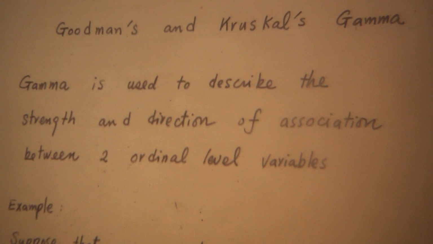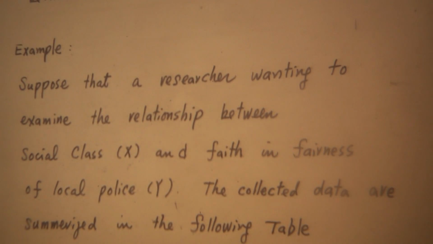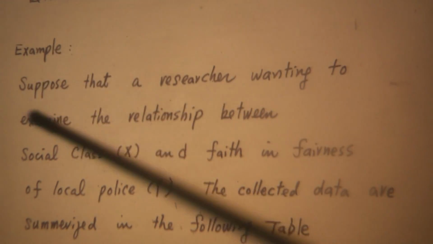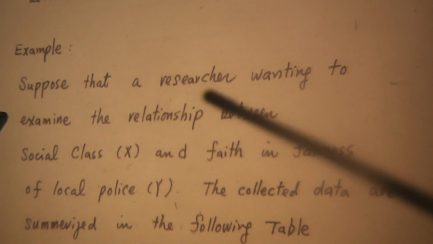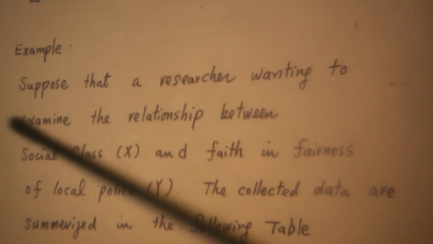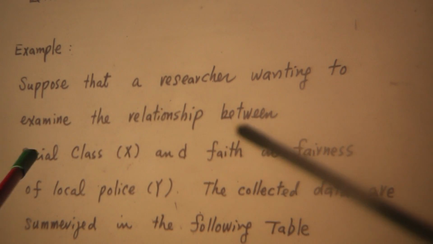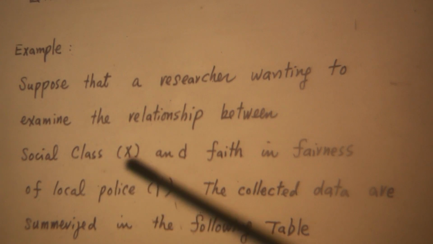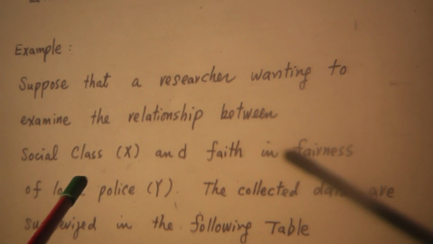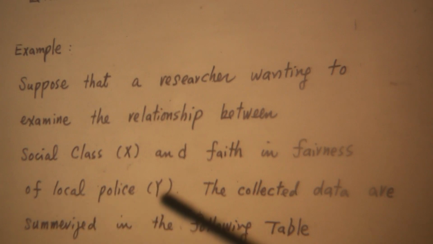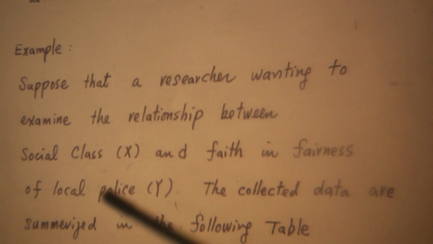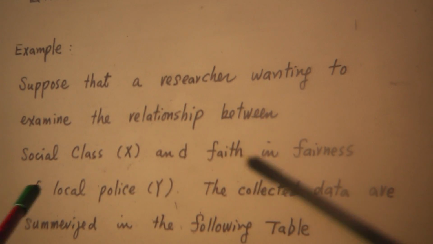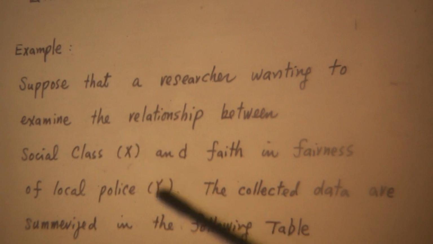Next, let's look at an example, okay? Suppose that a researcher wanting to examine the relationship between social class, we call X, and faith in fairness of the local police, we call Y. Both variables are in ordinal level.